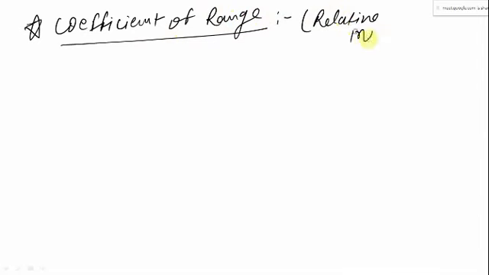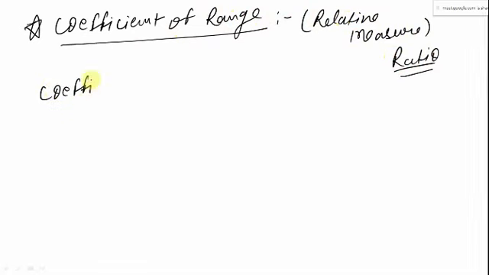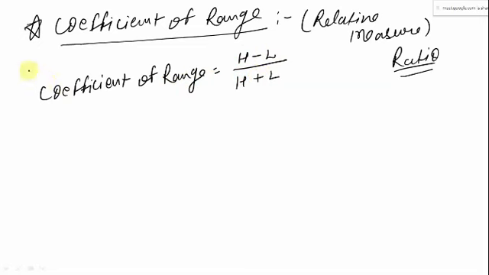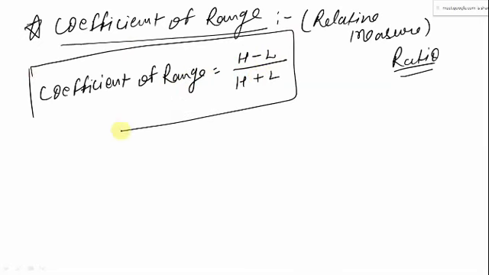Under relative measures, we always talk about ratios. So the formula for the coefficient of range is equal to highest observation minus lowest observation, divided by highest observation plus lowest observation. This is the simple formula to calculate the coefficient of range.